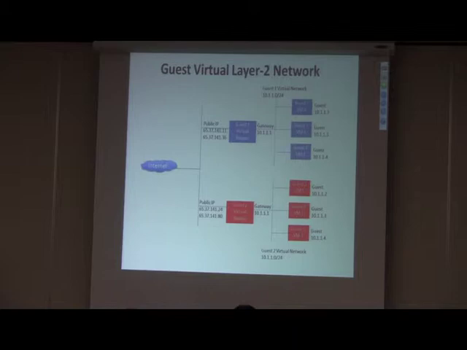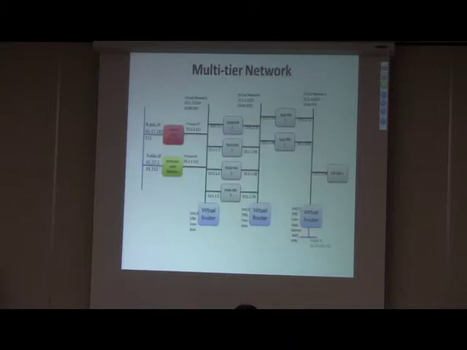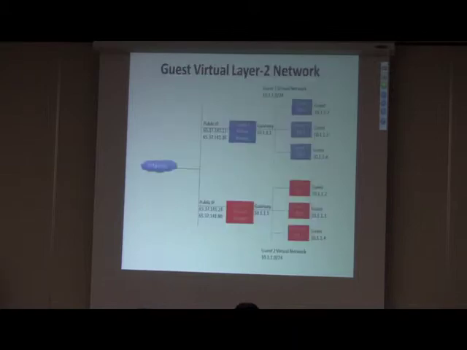Okay. And again, this is the networking that CloudStack supports, layer 2 networking. As you can see here, in layer 2 networking, the guest VMs have the same IP addresses, but they cannot see each other because they are isolated by VLAN.